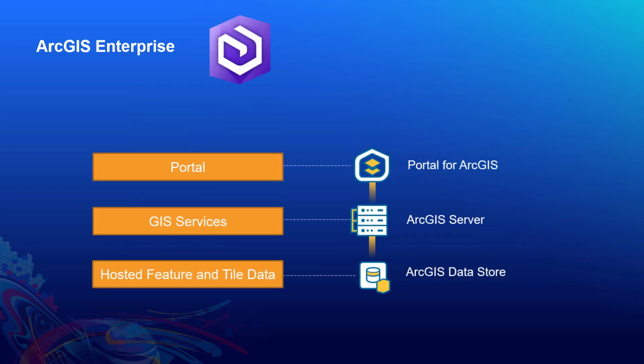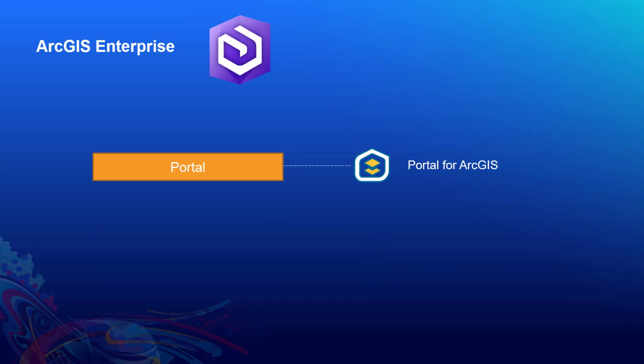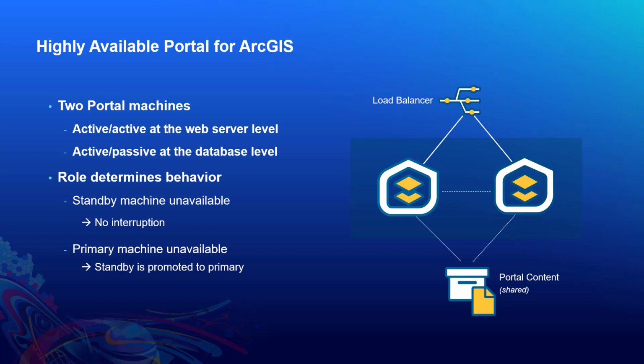Now I'd like to focus more specifically on ArcGIS Enterprise, and first we're going to look at Portal for ArcGIS. A highly available portal operates with 2 portal machines, and it's both active, but also active-passive. It's active at the web server, meaning that your load balancer or the web adapter can send requests to both machines at the same time.